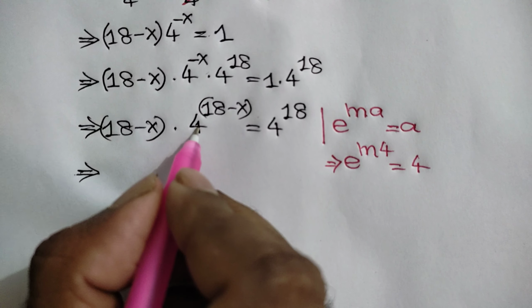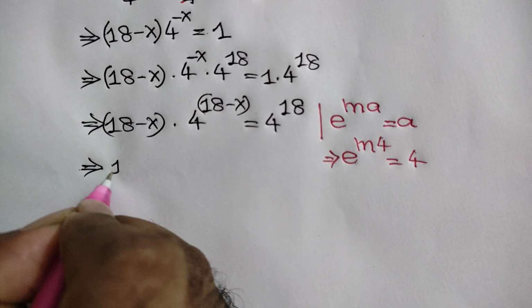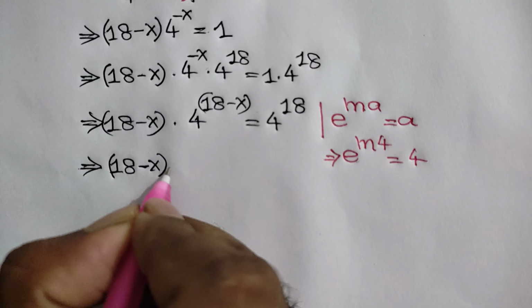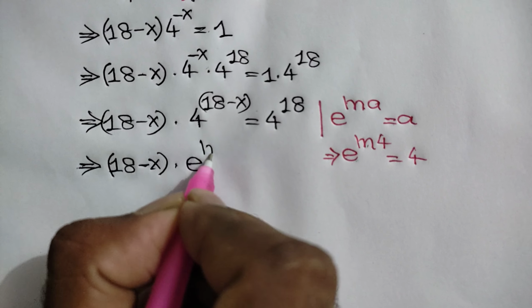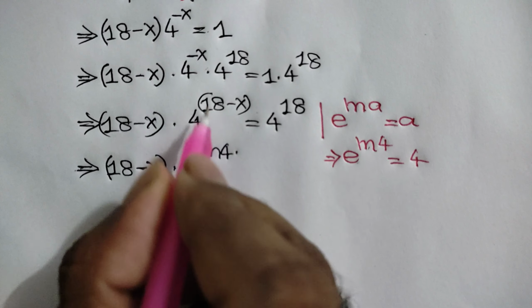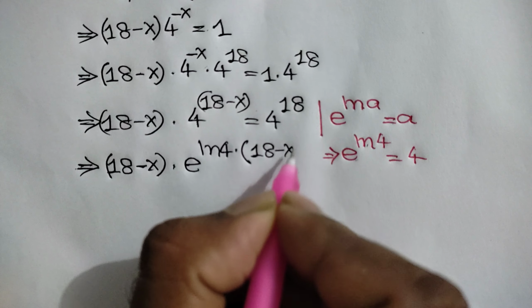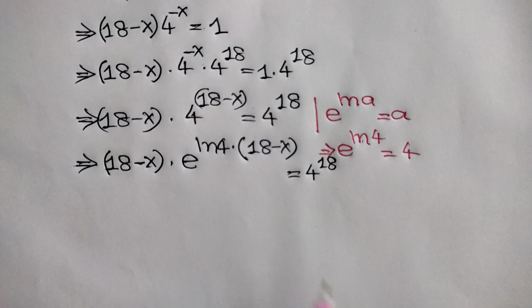So this 4 can be written as e to the power ln of 4. Okay, now we can write 18 minus x times e to the power ln of 4 times 18 minus x is equal to 4 to the power 18.